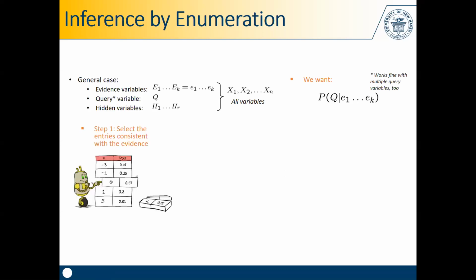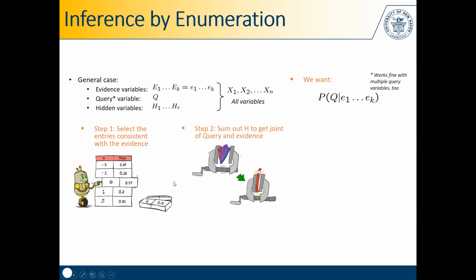So the first step in inference by enumeration is to select the entries consistent with the evidence, right? We have a joint probability distribution table. We are only going to select entries that correspond to our observations or pieces of evidence.